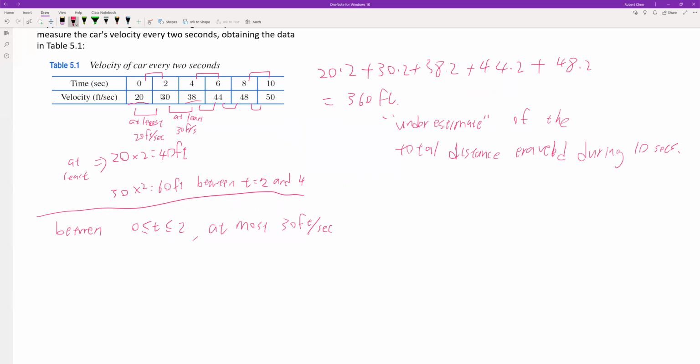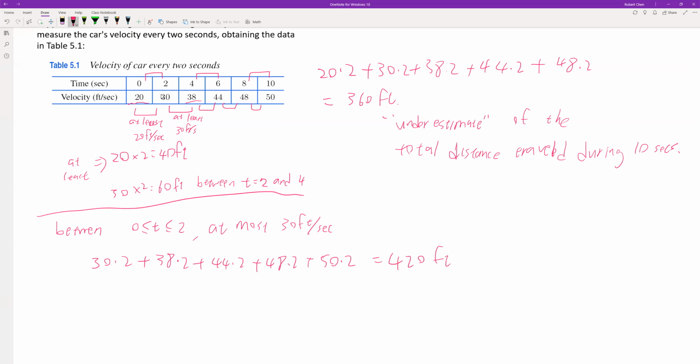So between time 0 and 2, the car is traveling at most 30 feet per second. And then we can use that to do the same thing. So 30 times 2 plus 38 times 2 plus 44 times 2 plus 48 times 2 plus 50 times 2. All right, that gives you 420 feet.